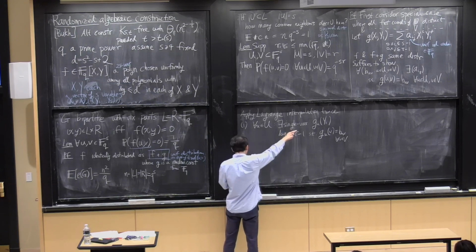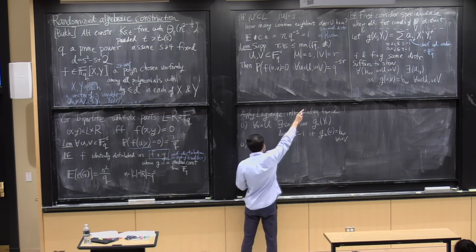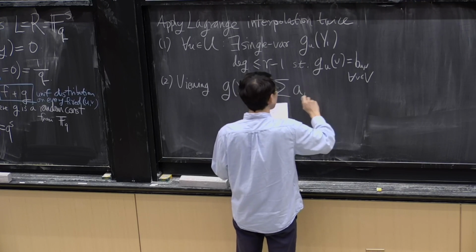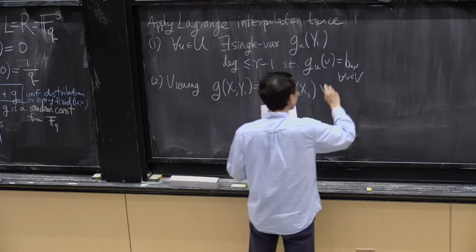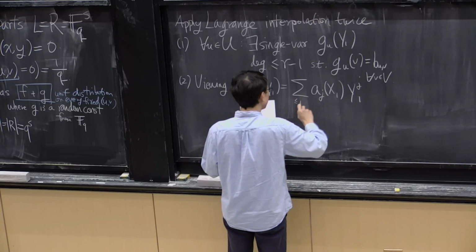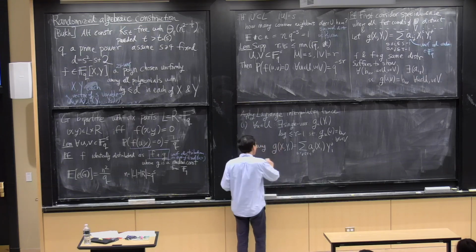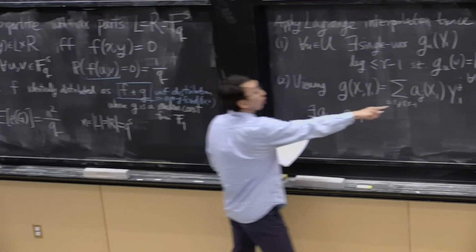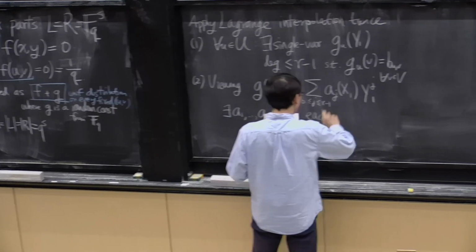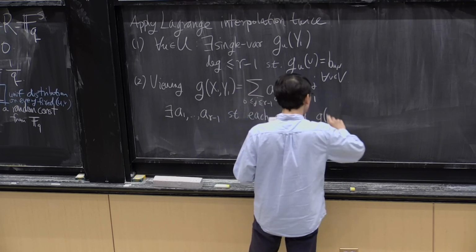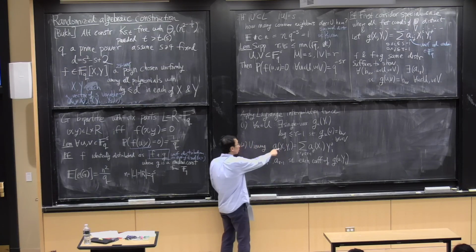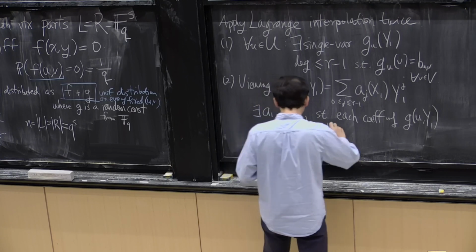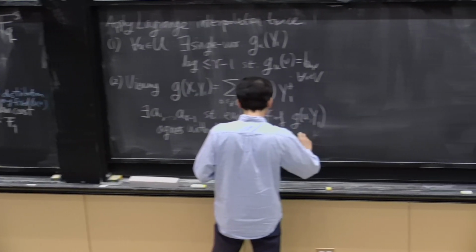So fix your little u, do Lagrange interpolation on the y variable. And now, once we have those, viewing the g that we want to find as a polynomial whose coefficients are polynomials in the x variables, but it itself is a polynomial in the y variable, we find that, again, using Lagrange interpolation, there exists these values for these coefficients here, such that each coefficient, if you plug in the first entry to little u, agrees with the coefficients of the g that we just found.